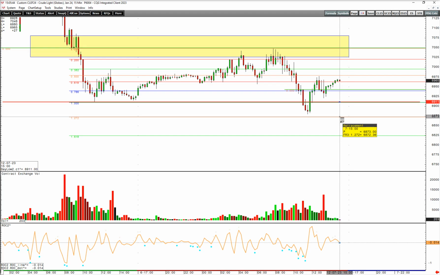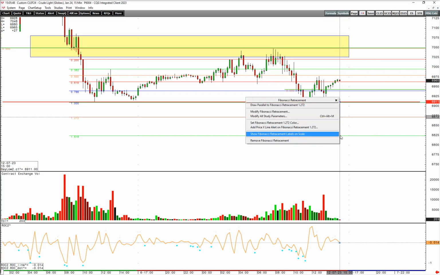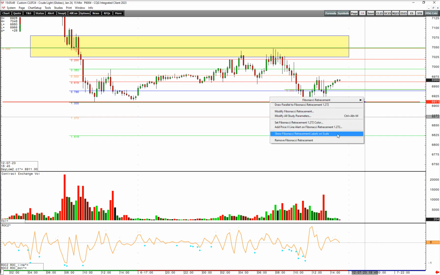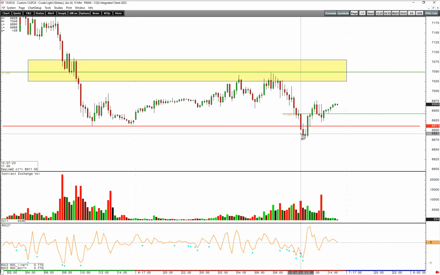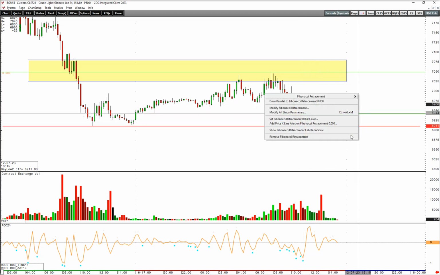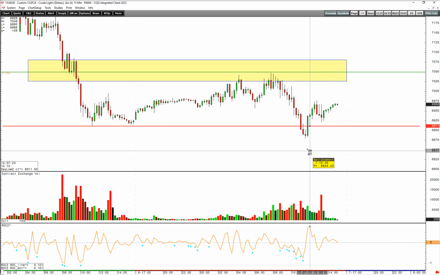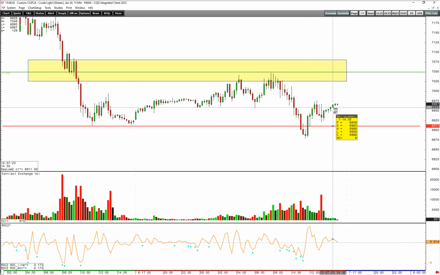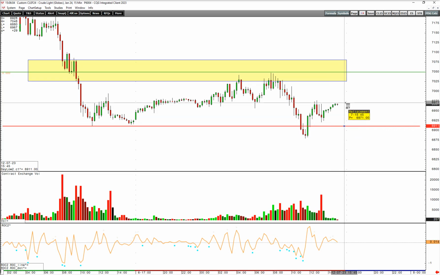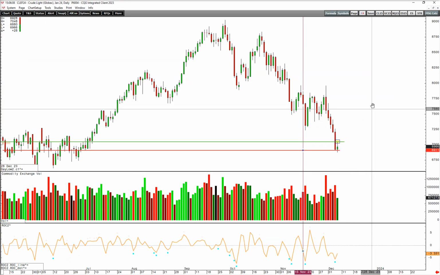This got to 68.80, so probably about 7 cents off of the 1.272 fib extension. But what's interesting here is it bounced pretty hard from there. If this was going to be weaker, you would expect it to continue lower, but it got an impulsive bar and has continued higher.